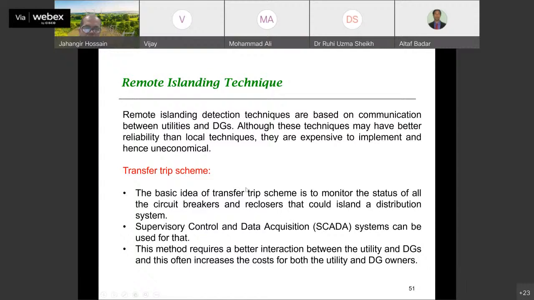You could have a basic transfer trip scheme, where you are monitoring the status of all the circuit breakers and reclosers which are used to connect the microgrid with the main grid. You are just monitoring whether it is on or off by sending a signal from a remote location, and that's how you can say whether it is grid connected or off grid. Your SCADA system can be used to do that. This needs better interaction between the utility and all the DGs, and that's why, as I say, it increases the cost for the utility as well as for the DG owner.